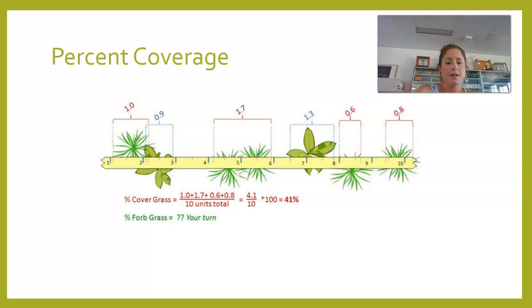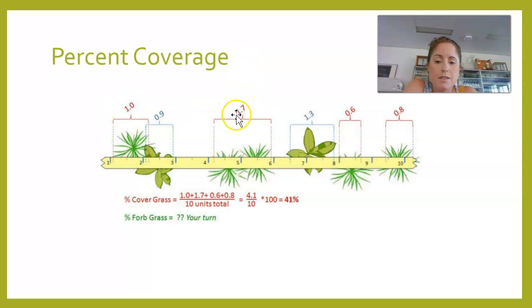Another way to look at percent coverage, if we were using a transect, which we'll talk about a little bit later, is this. We can say that this species here, the grass, goes from 1.1 to 2.1 meters, or something like that, and that's about 1 meter.